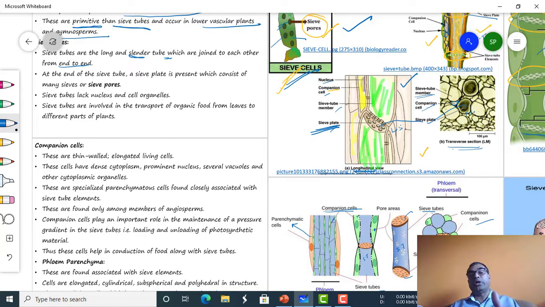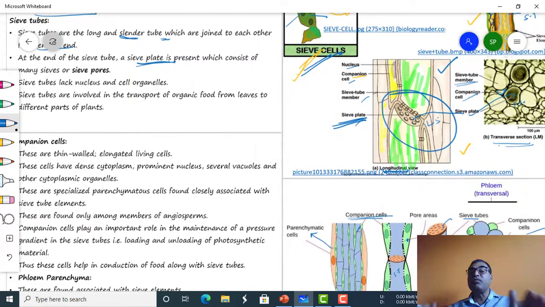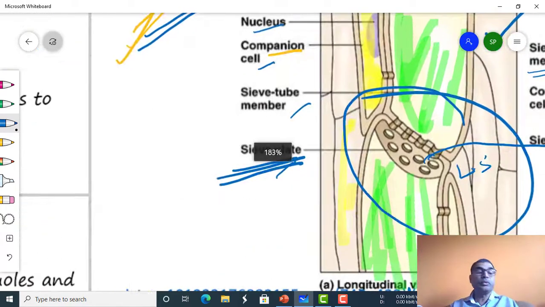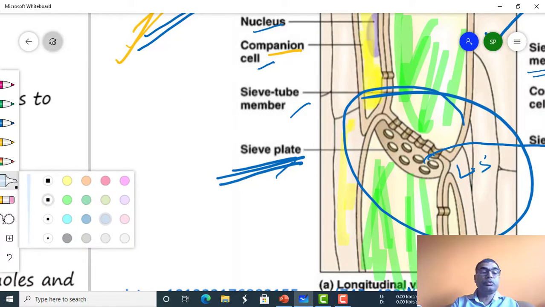So sieve tubes are long, slender, tube-like, joined end to end. Okay, at the end of the sieve tube, a sieve plate is present, and this is the area of the sieve plate, which consists of many sieve pores. Let me show you which are the sieve pores.